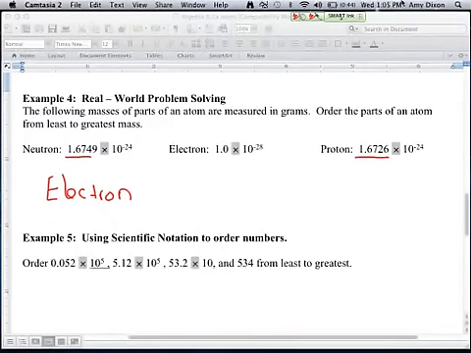So proton would go next, because the 2 is smaller than the 4. So proton, and then neutron. So guys, the key is first you need to look at the exponent, and then look at the leading number if you have two numbers that have the same exponent.